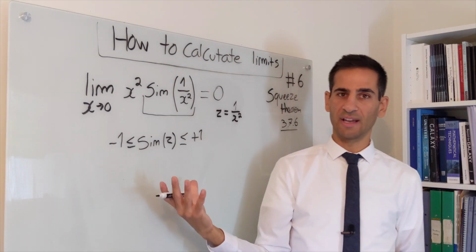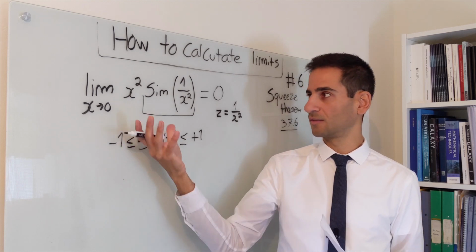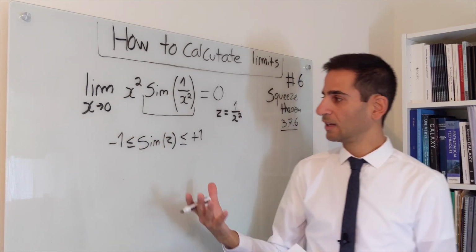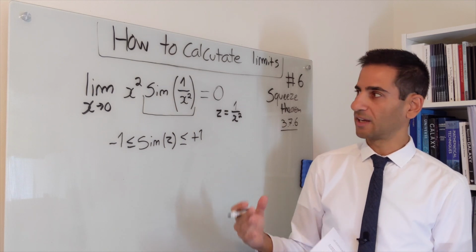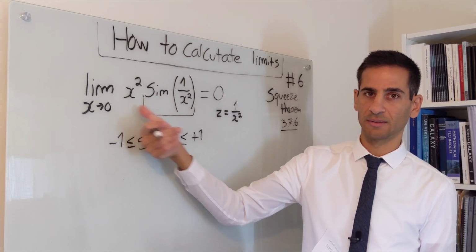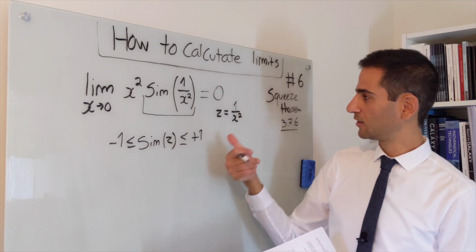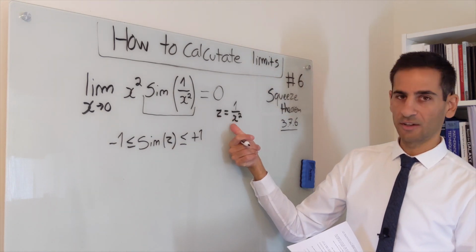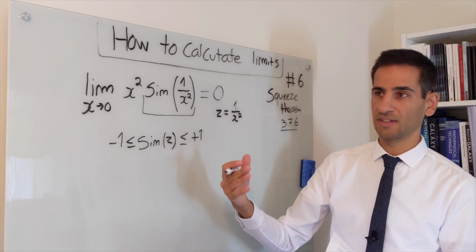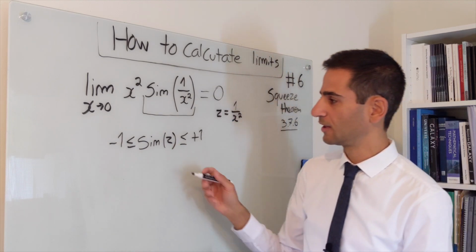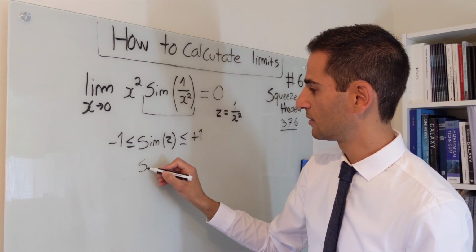Now one thing that we can do, and in many cases to solve these limits that is possible, is have a look at the expression and see how we can transform it to look like this. So the first thing we can do is come back with this variable change. We said this for any general z, but this is also true for 1 over x squared.